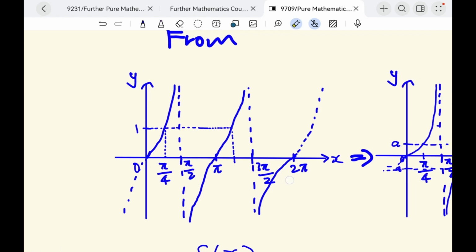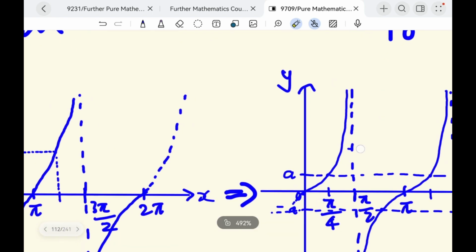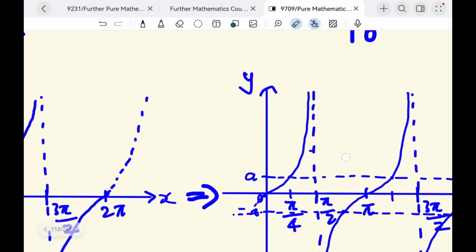Alright, by extrapolating the x coordinate of pi over 4 to 1, where 1 is the original value. Okay, we can call it the original value of the extrapolation of pi over 4. Alright.